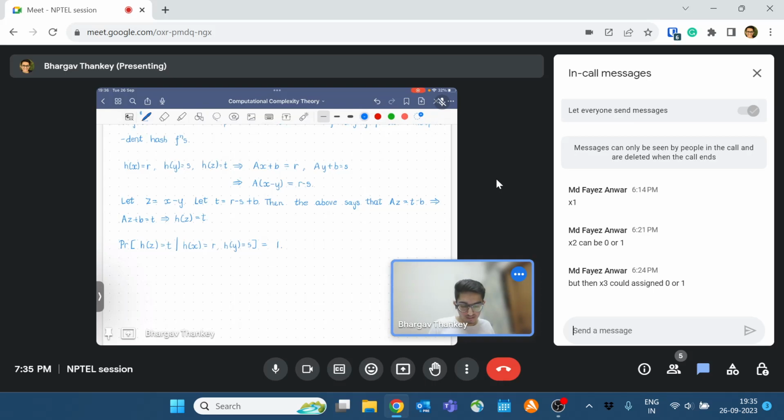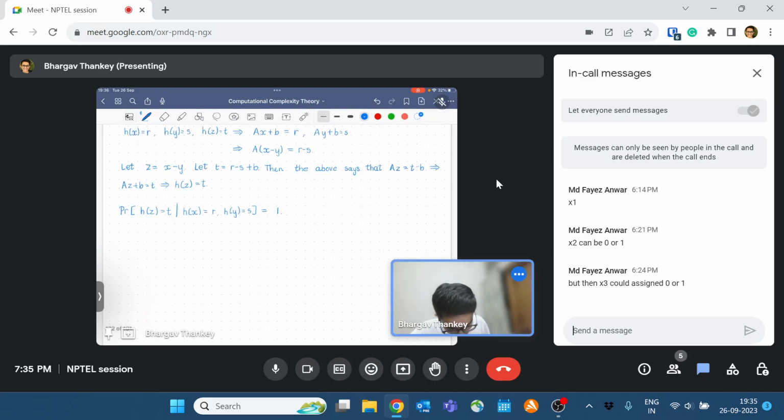Yes. So is this claim fine? Yes. And for independence, we need this probability.